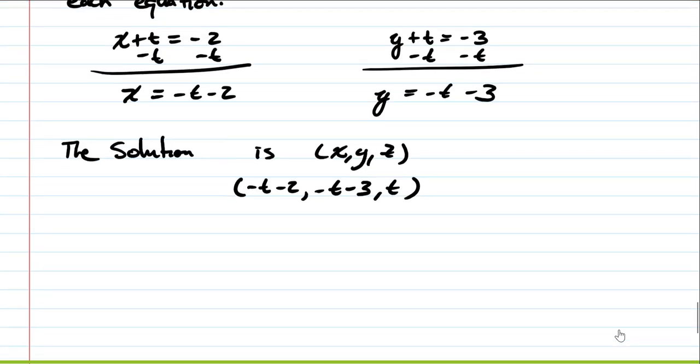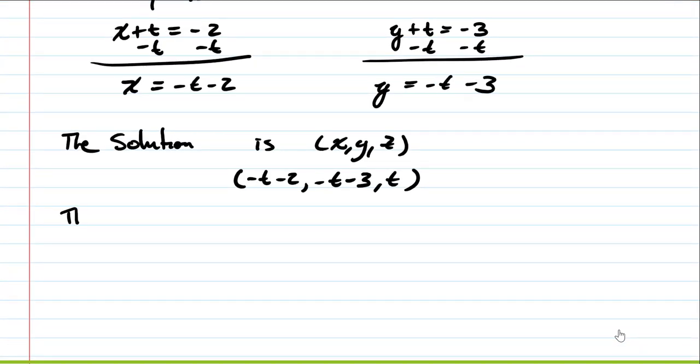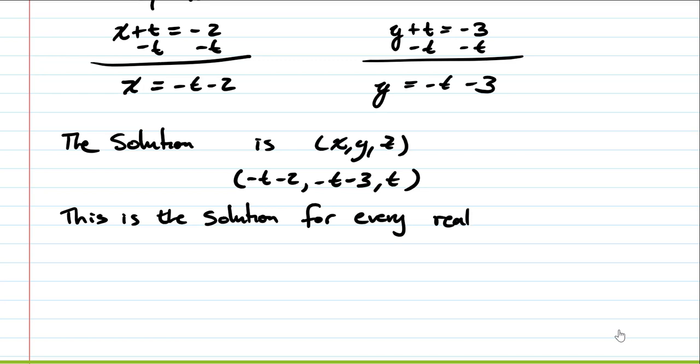This is a solution for every real number t. So if you picked t to be 55 and plugged that in, it's going to generate an ordered triple that is a solution to that system of equations.